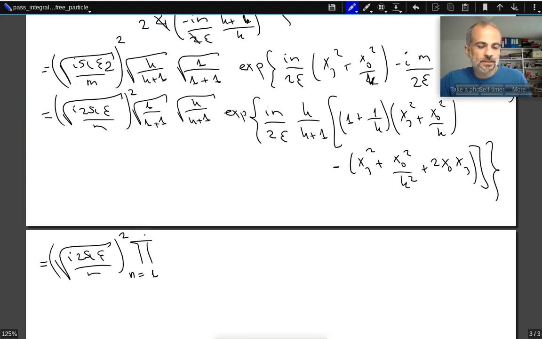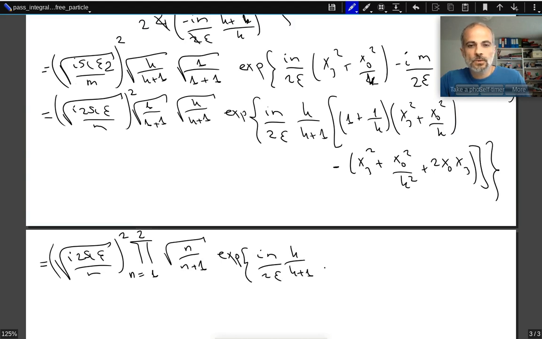In this case k will be just 2. Square root of n over n plus 1, exponent i m over 2 epsilon k over k plus 1.